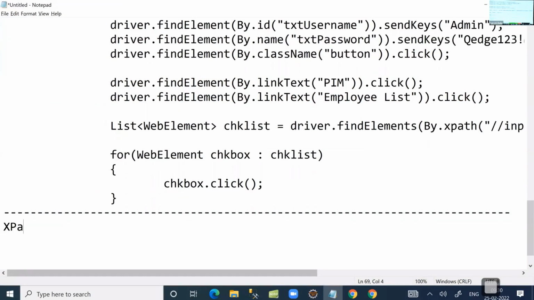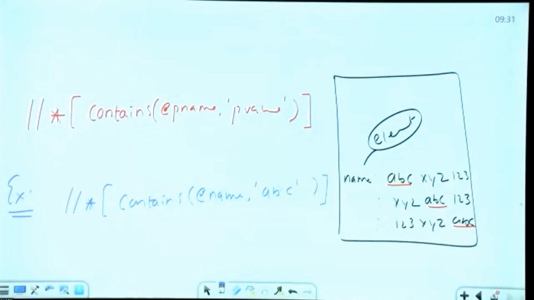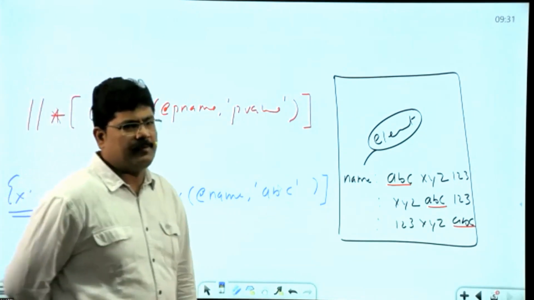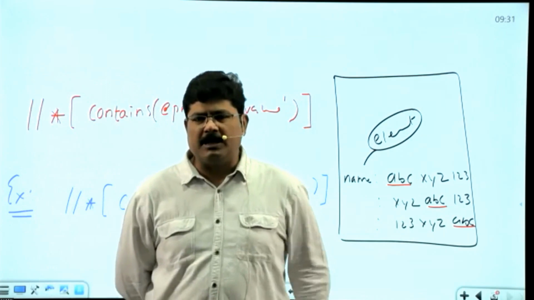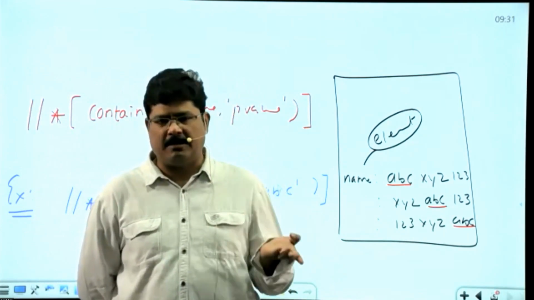Selenium WebDriver provided some locators: ID, name, link text, partial link text, class name, tag name, etc. Still, if you want to use any other property of the element in XPath to find it, there is a separate option called XPath. In XPath, you can use any property of the element: title property, value property, href property, src property.